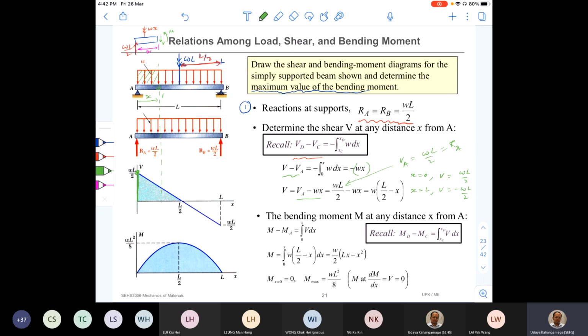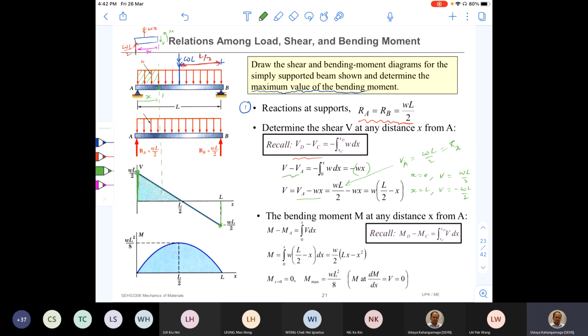So at point B, shear force is negative WL by 2. In between is a linear function, therefore a linear distribution like this. It is obvious we don't need to do this calculation, because we know that when the load is uniformly distributed, shear force varies linearly between the load application points.